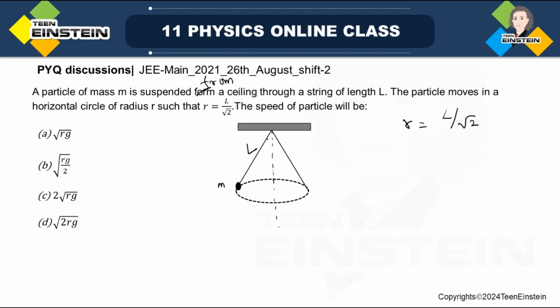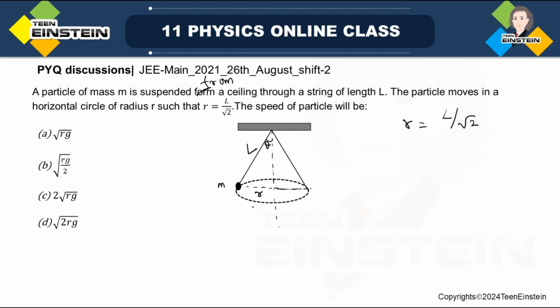Okay, suppose this total angle is 2 theta, this is theta, and now look, the perpendicular bisector of this angle is also bisecting the diameter of the circular path.